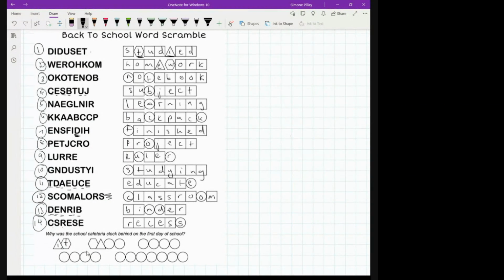A hexagon. Pentagon is 5. W, and then a triangle. Where's the next triangle? Oh, here, W, E. It went. Oh, I remember the joke. It went back 4 seconds.